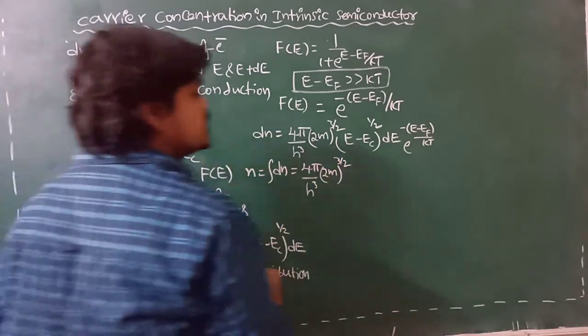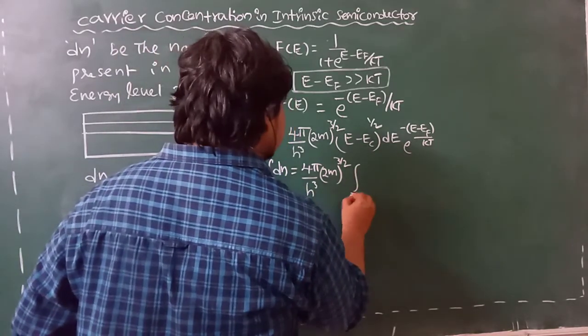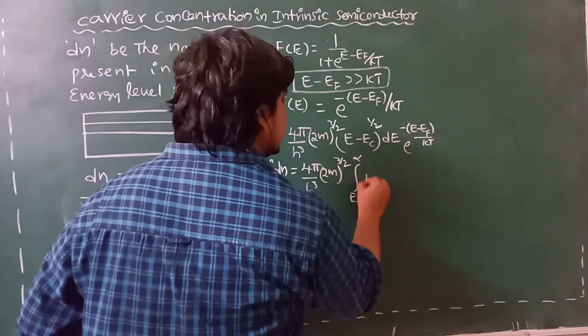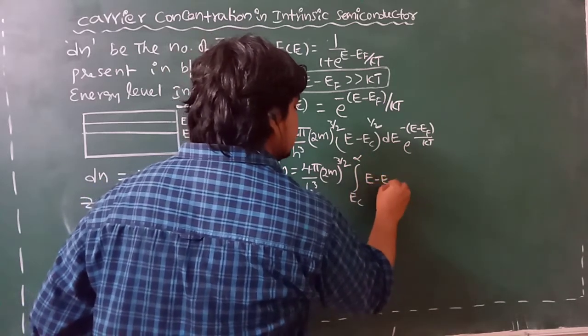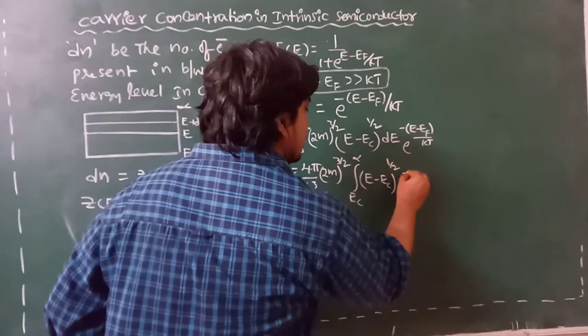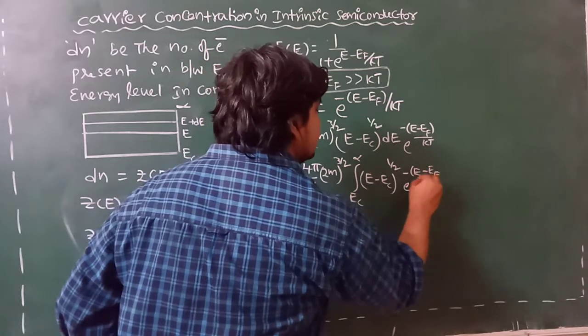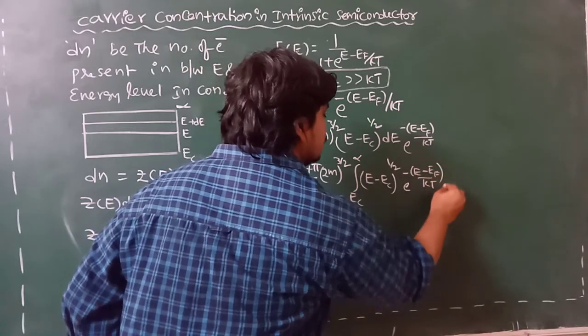These are all constants. So the integral from Ec to infinity of (E minus Ec) whole power 1 by 2 e power minus (E minus EF) by kT dE.